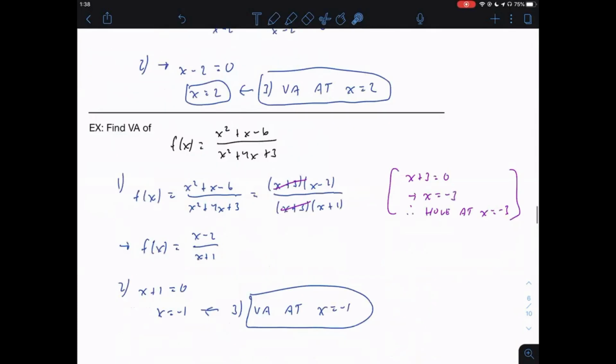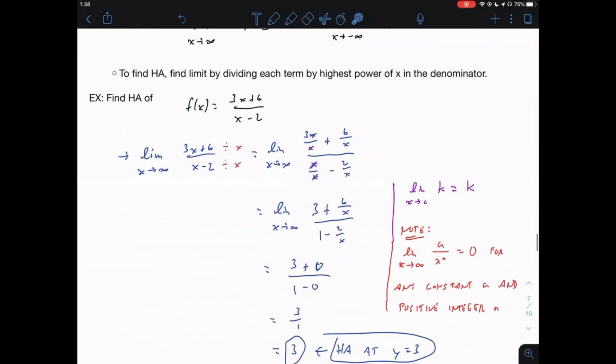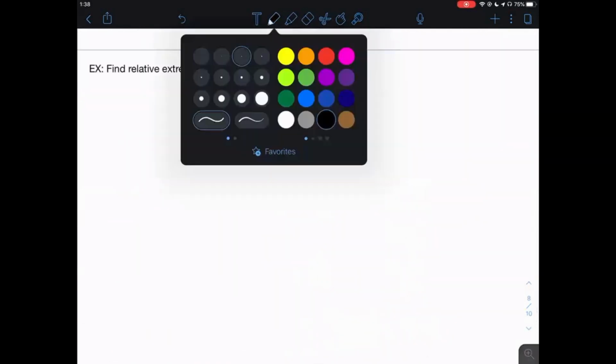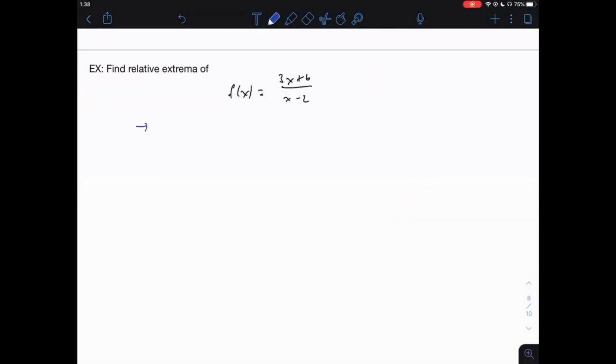And for this function, we found a horizontal asymptote at y equals 3. Okay, so just as a reminder, for this function, we find a vertical asymptote at x equals 2, and then we find a horizontal asymptote at y equals 3.